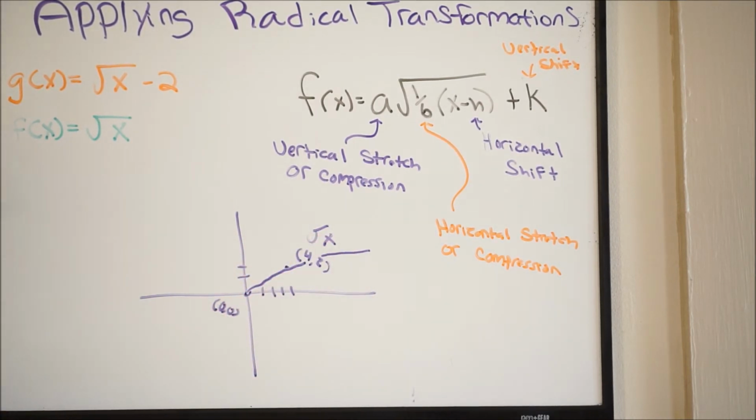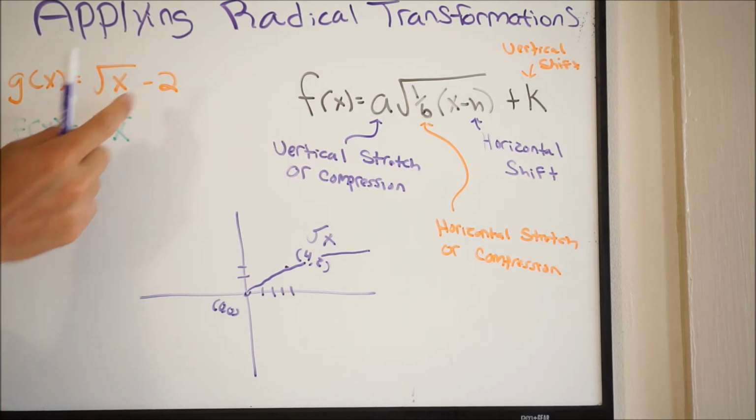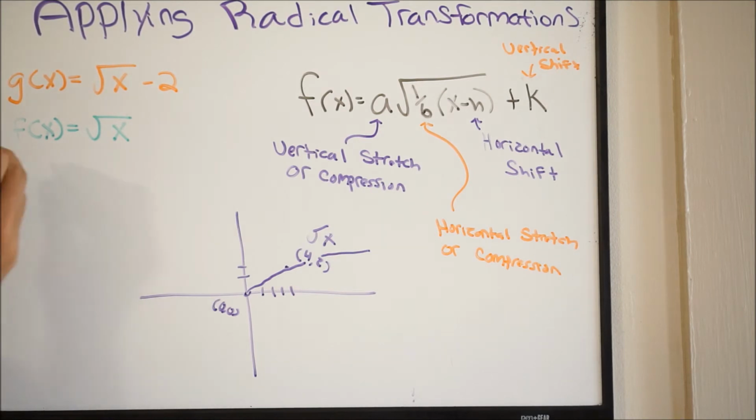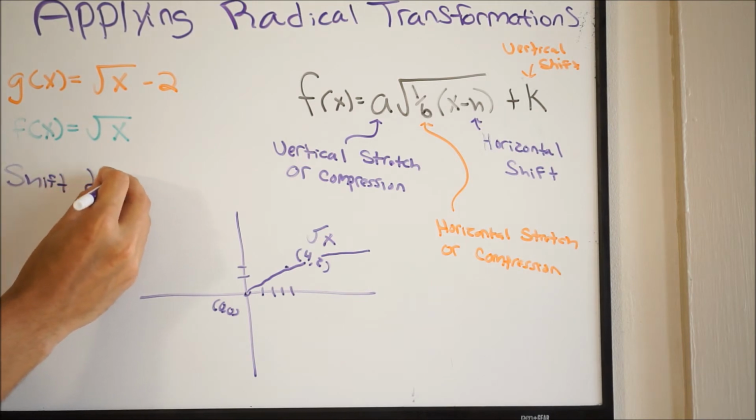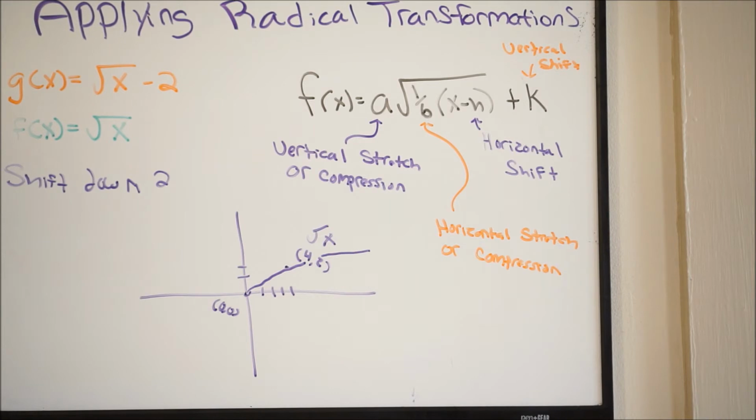So what is the transformation that took place here? Well, again, if you have a strong base in linear transformations, this is very similar. This is going to be a vertical shift. Again, you can use your key over here, because this is my k value. So it got shifted down 2. So what we can say here is shift down 2. And if you really wanted to, you could graph this on the same graph so you can compare the two.